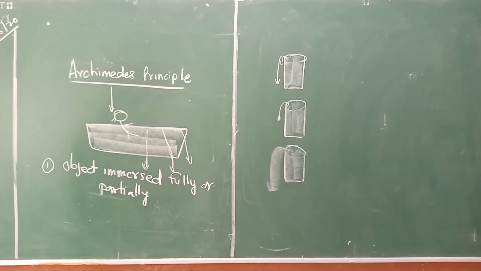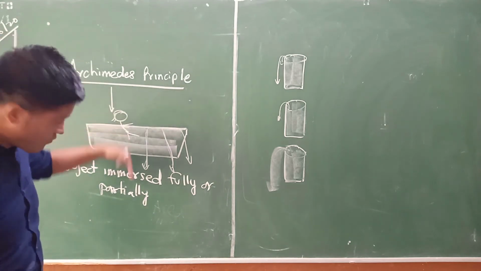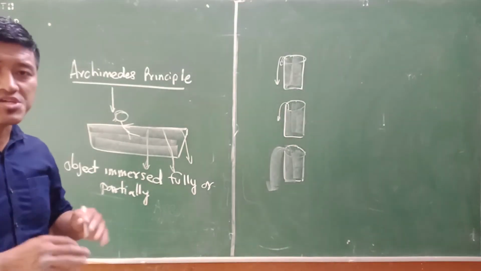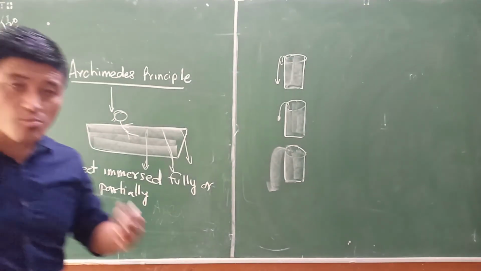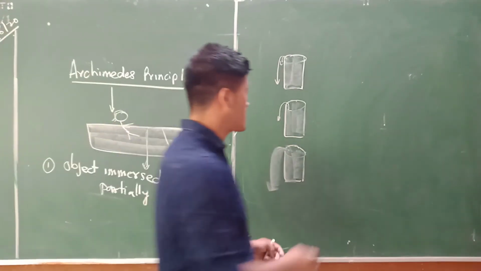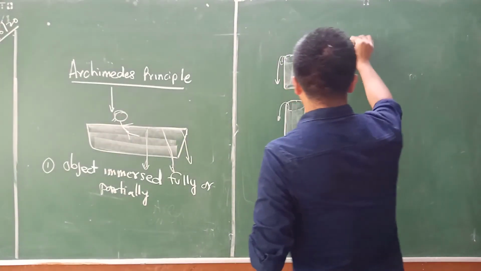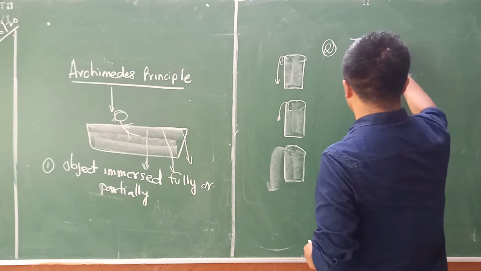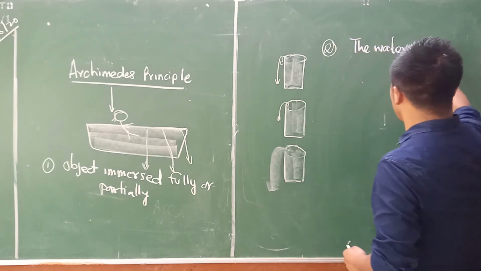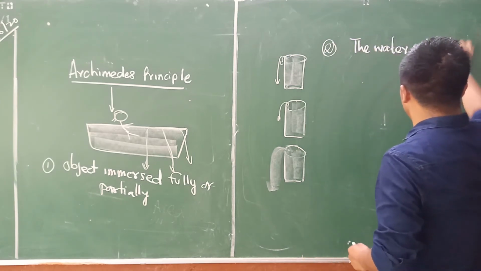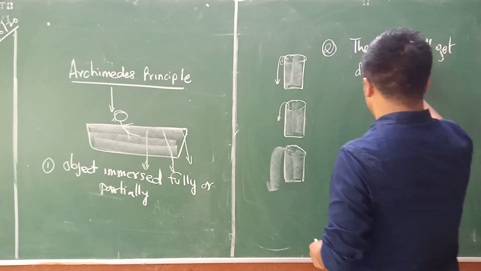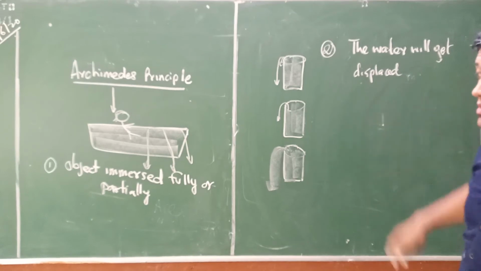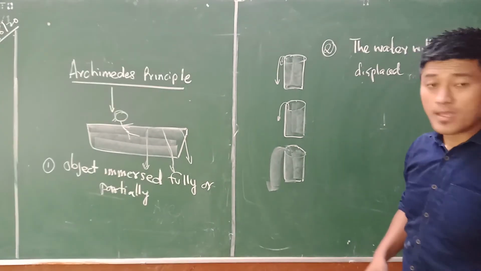Number one, whenever an object is immersed fully or partially, partially meaning half, you will see some amount of water displaced outside. That is number two: the water will get displaced, definitely.